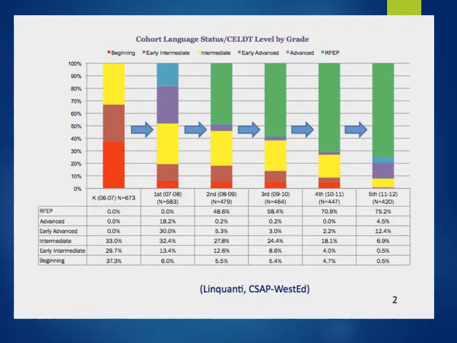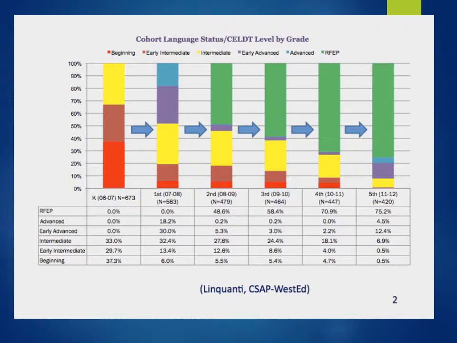colors identify the different language levels, the brightest red being a level 1 beginning, and the green actually being reclassified as English proficient. So that's actually level 6. So you can see this is a fairly normal trajectory for English language learners.